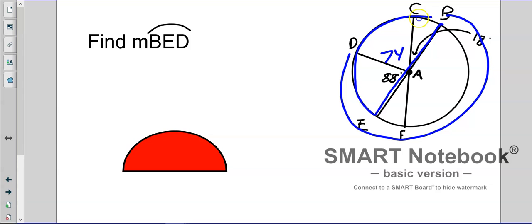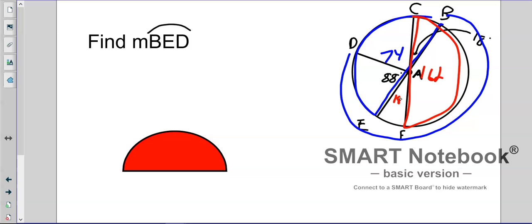Also, we have a semicircle right here. So if we take 180 minus the 18, then that will give us 162. So if we're going from B to E to D, we need to add up 162 plus, this will also be 18 because of vertical angles, plus 88.